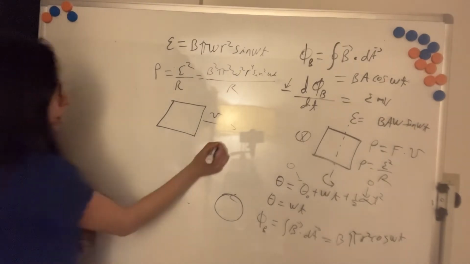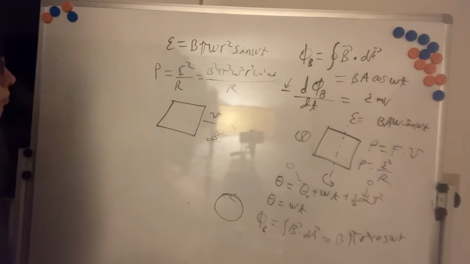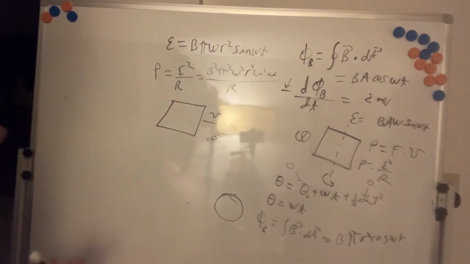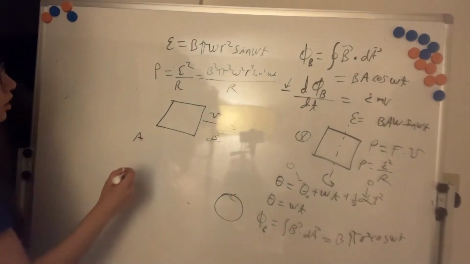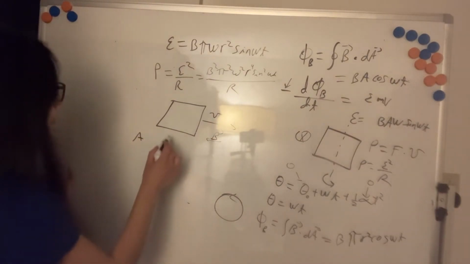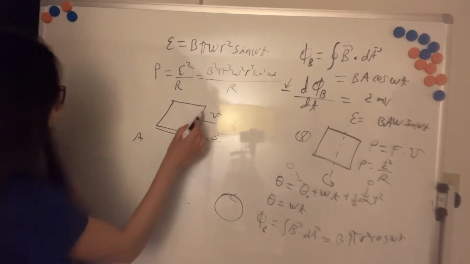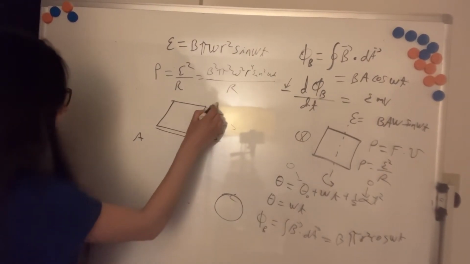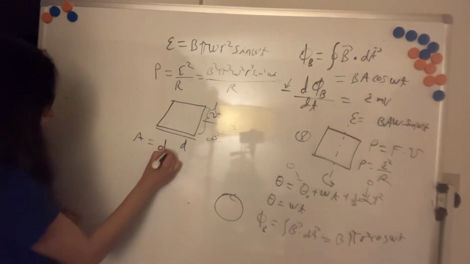So let's say that the magnetic field goes in this direction. Well, no, actually we're changing the area. So the area of this, let's say that here we have some distance. This is d and this is l. So the area would be d times l.